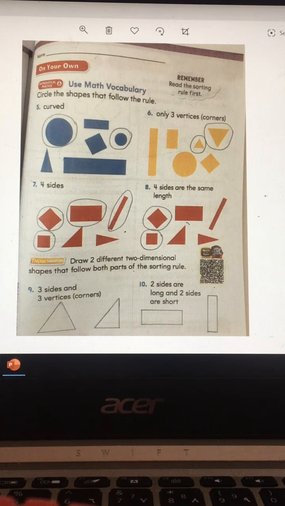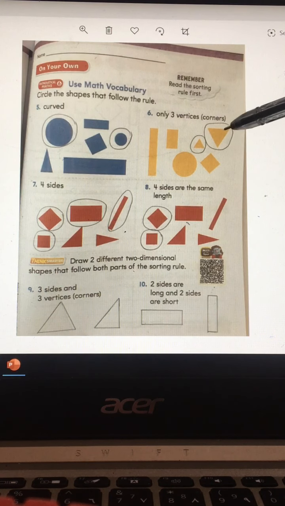Okay, number 6, only 3 vertices. I'm going to circle the shapes that have only 3 corners. Vertices and corners have the same meaning.